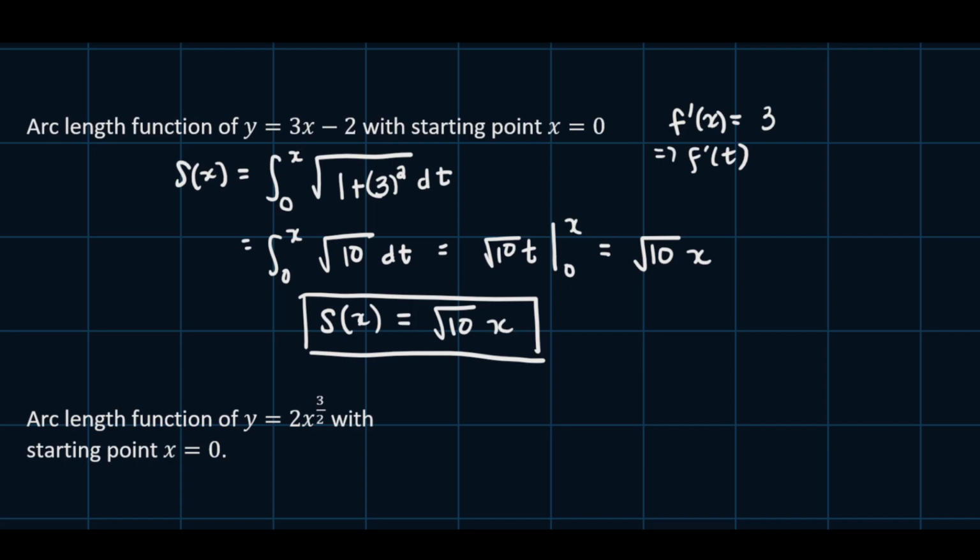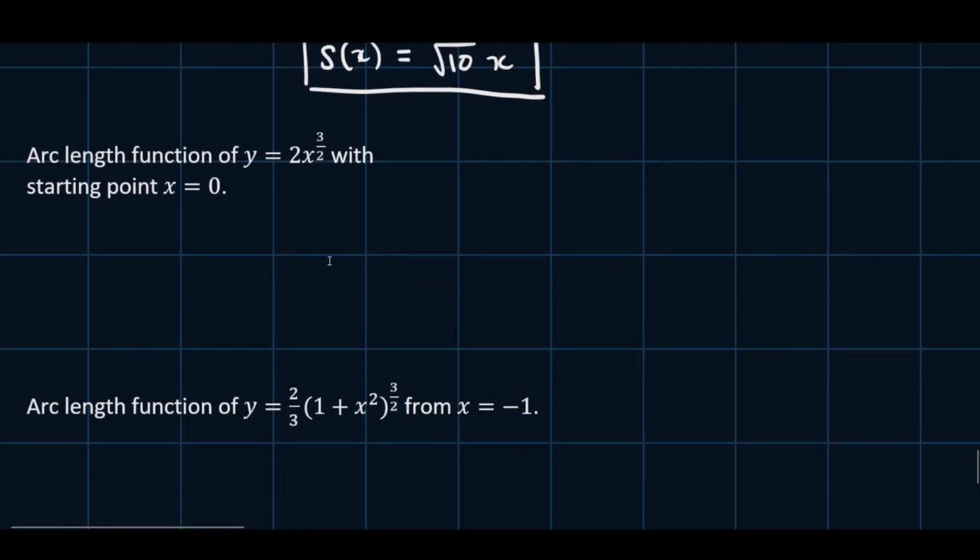Now, with this next example, arc length of y equals 2x raised to 3 halves with starting point x equals 0. So again, we get the f prime of x. F prime of x again is equal to 3x raised to 1 half. We write this as f prime of t, which gives us 3t raised to 1 half.